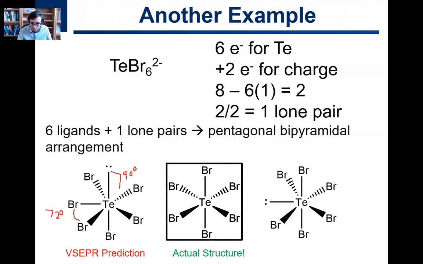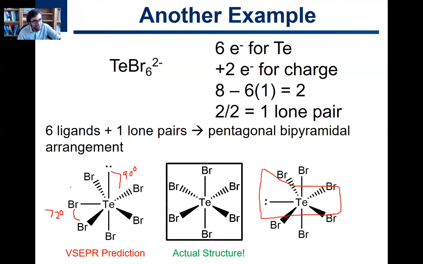And so before, when you had trigonal bipyramidal, you only had a triangle in the equatorial site. So the 120 degrees, that was the roomier site, right? But here, VSEPR is actually going to predict that you have this geometry where the lone pair goes in one of the axial sites and you maintain the pentagon in the equatorial.